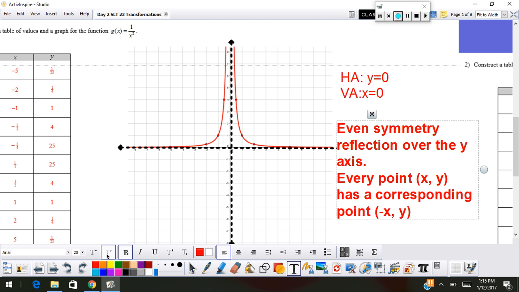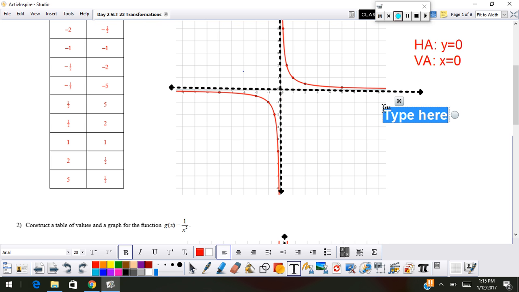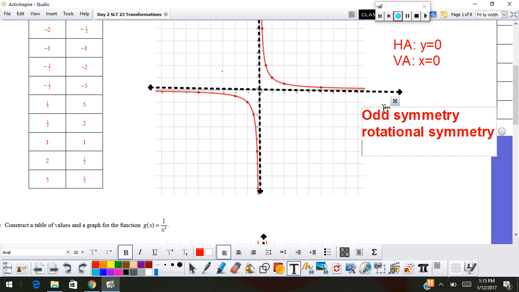So while we're making notes about these parent graphs, go ahead and flip back to page 7 and let's make a similar note for 1 over x. 1 over x has odd symmetry. And remember, this means that we have rotational symmetry, 180 degrees around the origin.